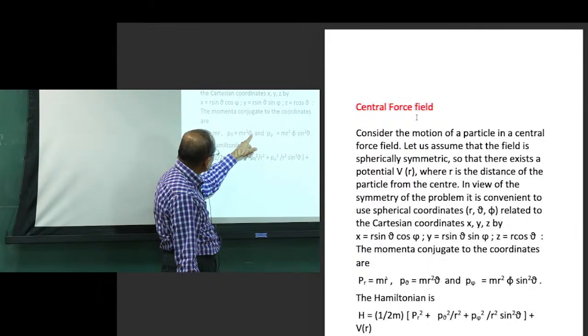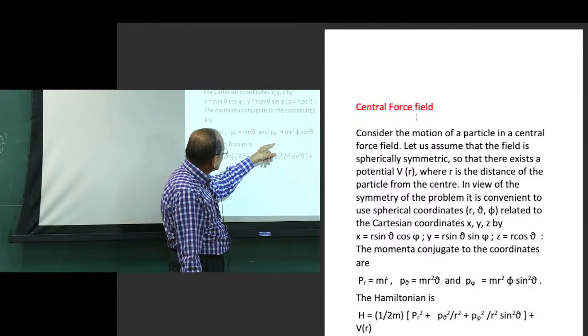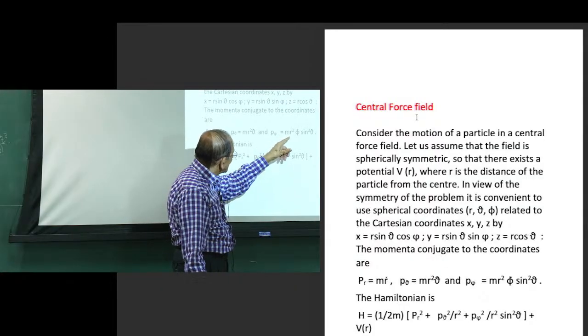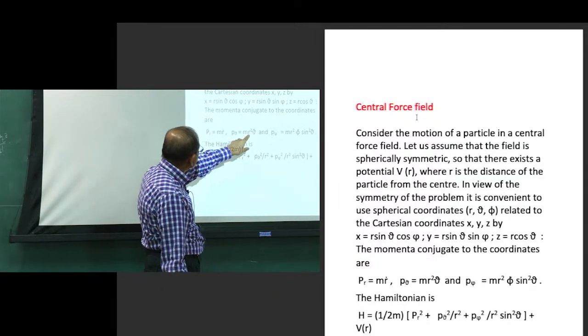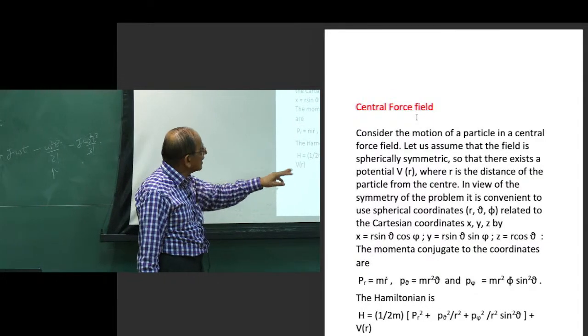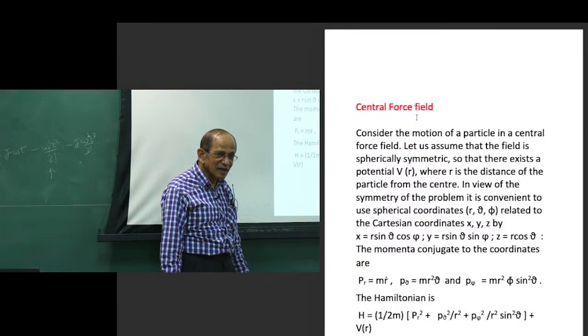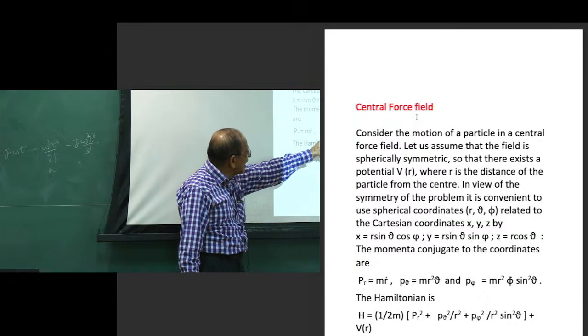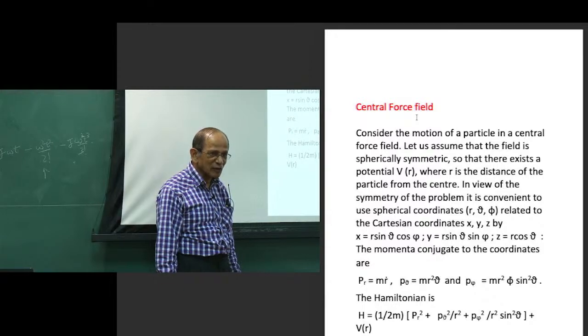Oh, there is a dot missing here, please correct. P phi is m r square phi dot sin square theta. There is a dot missing here, please. Yes, the spherical polar coordinates r, theta, phi.